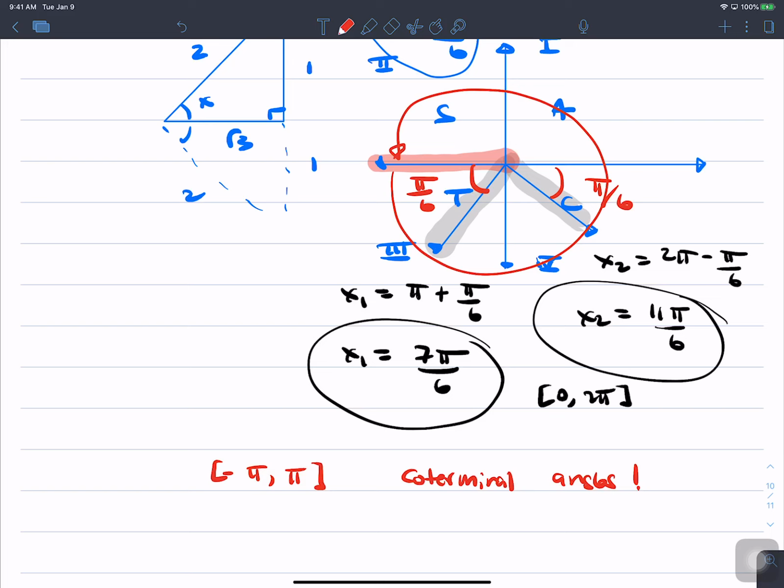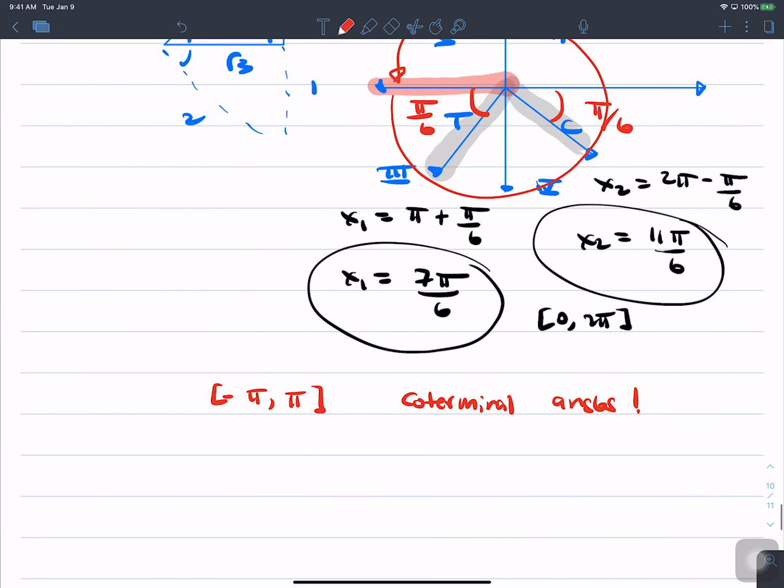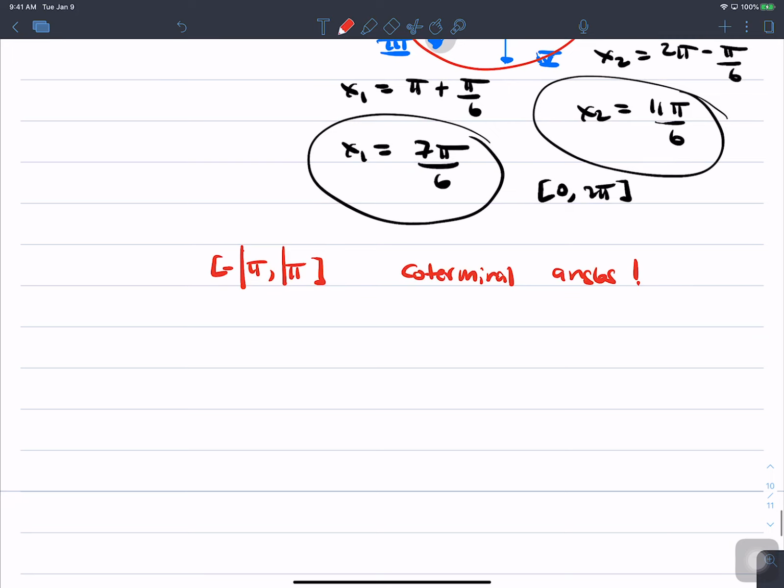This x1 is good. Why is that good? Because look at the factors here. Let me double check. This is negative 1. Oh, I think it might not be good. It's a positive 1 pi. It's not good. I need a solution from negative pi to positive pi. My x1 is 7 pi over 6. That's bigger. 7 pi over 6 is outside that interval.